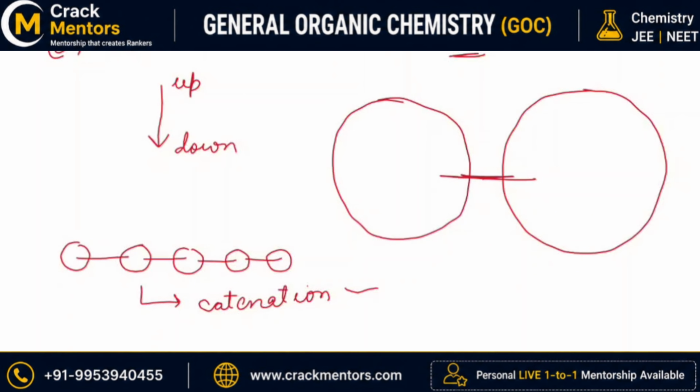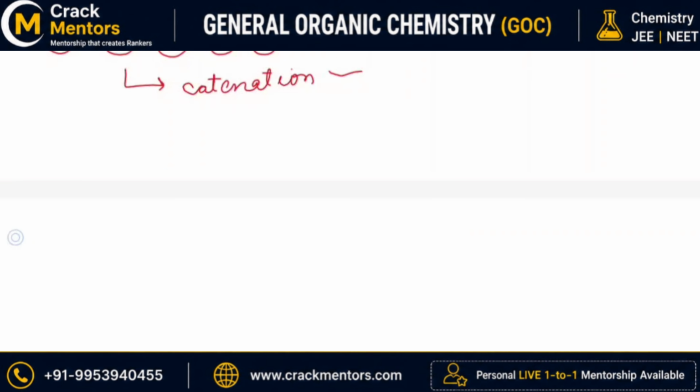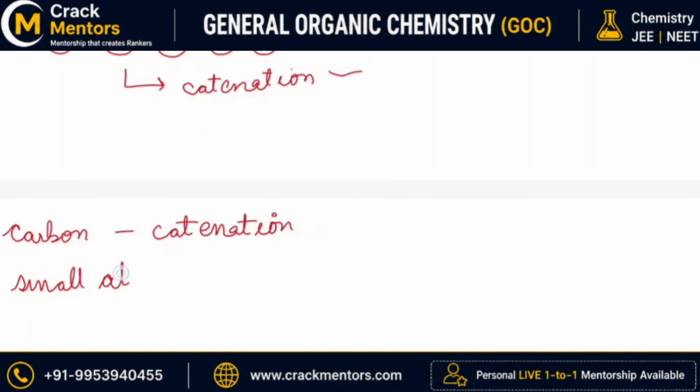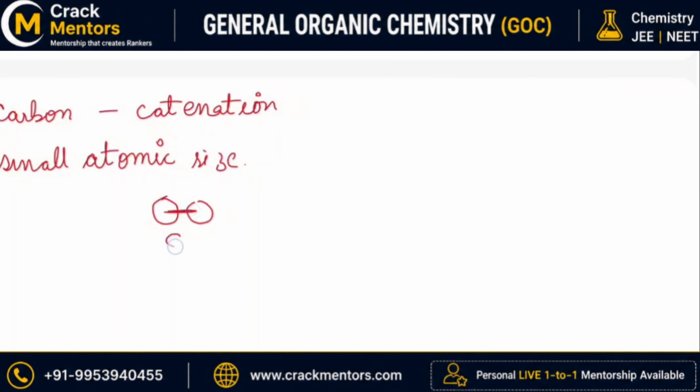Now I will tell you the reason for carbon being the king of catenation. The very first reason, which you can yourself quote from the above lecture, is its small atomic size. Carbon atoms are very small. So what happens when the atom is very small? The carbon bond length is very small.